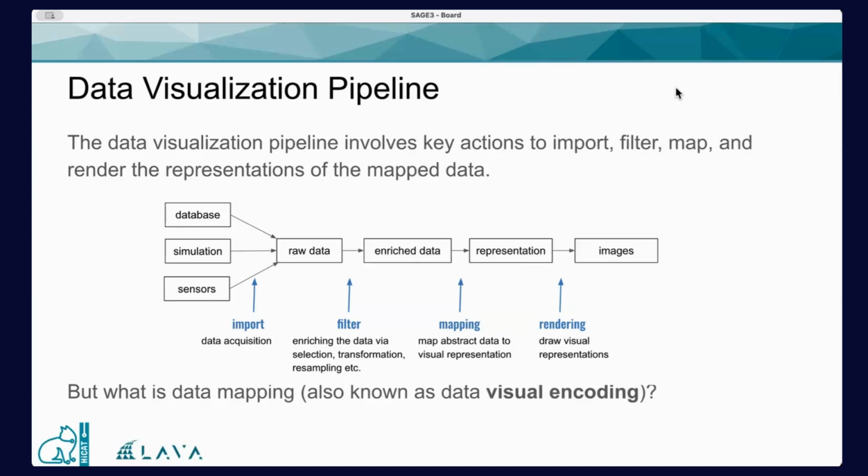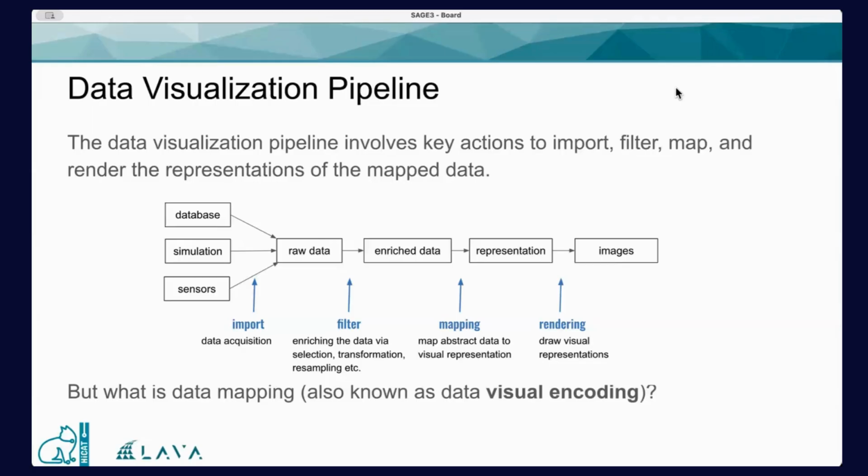And this is the general description of the process for creating data visualization. You usually start by getting some kind of data, which I assume is the part you are probably more familiar with. Could be a database, a simulation, a collection of sensors. You get the raw data from that, and then you process it. Processing can take different shapes.